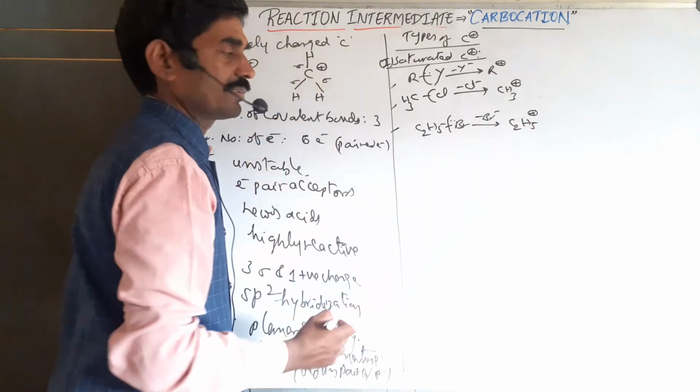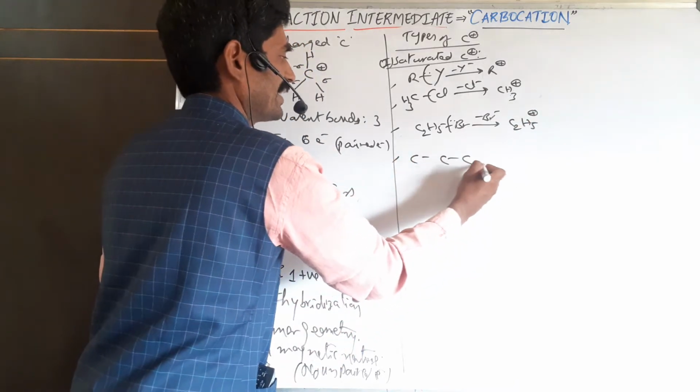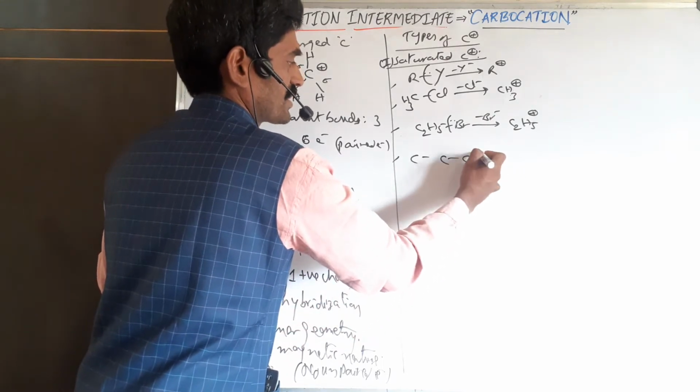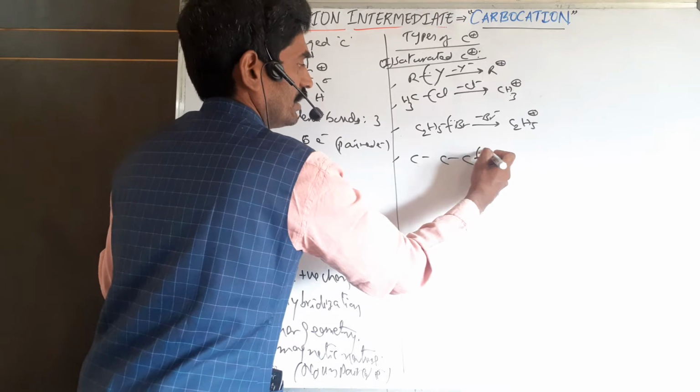Then, for example, 3 carbons are there, and some Y atom is there, which is more electronegative and takes up 2 electrons. Then you get Y minus, and this carbon carries the positive charge.